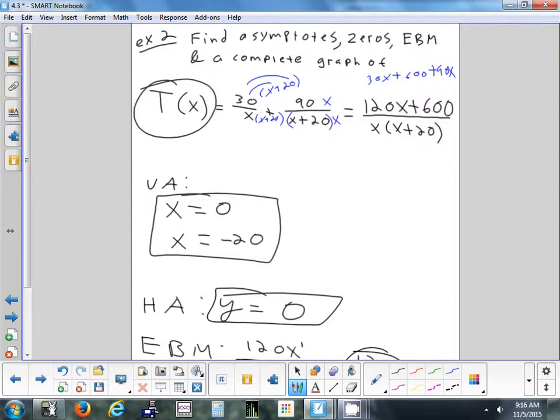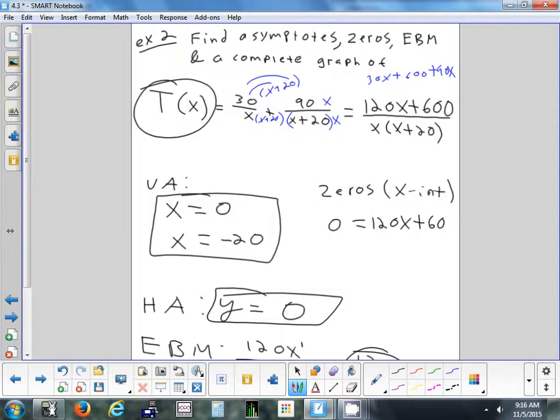If what? Not the bottom, but the top. So to find your zeros, which is really the x-intercept, set your equation equal to 0 and solve. Which just means set the top equal to 0.